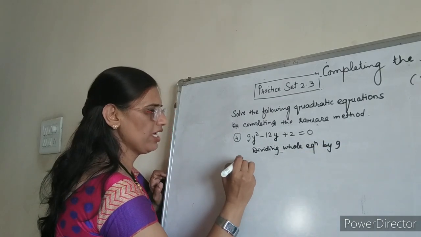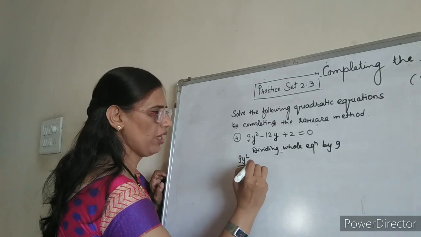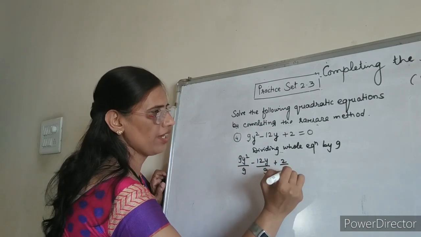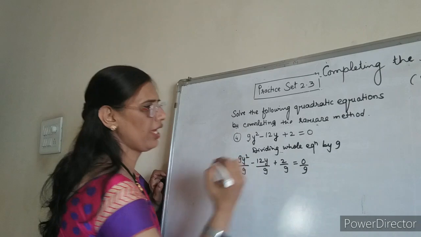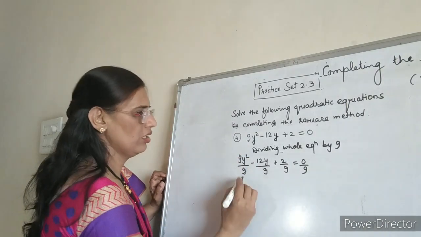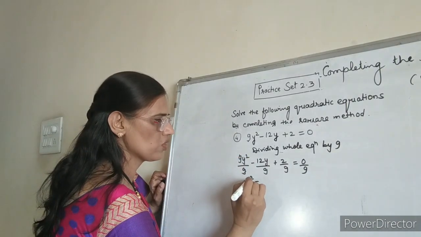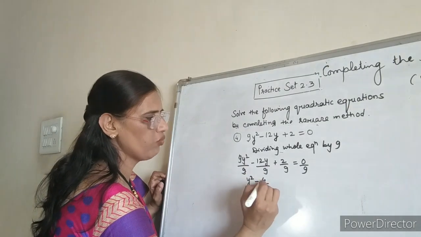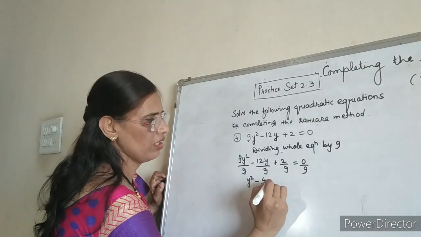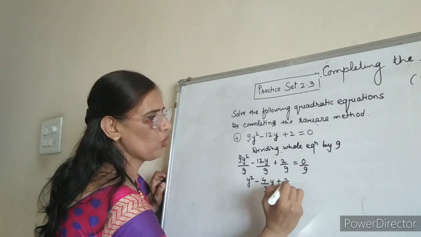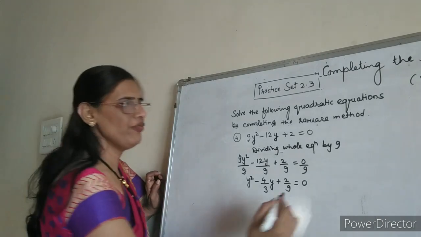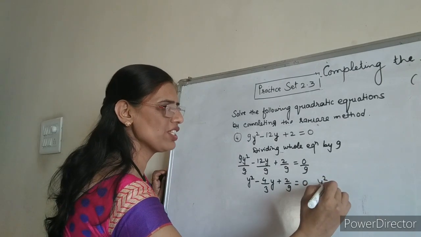We get 9y square upon 9 minus 12y upon 9 plus 2 upon 9 is equal to 0 upon 9. That is y square minus, in lowest form, 12 by 9 is 4 by 3, y plus 2 upon 9, and 0 upon 9 is what? 0.